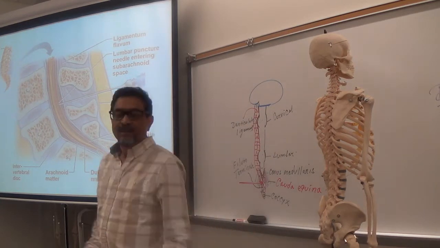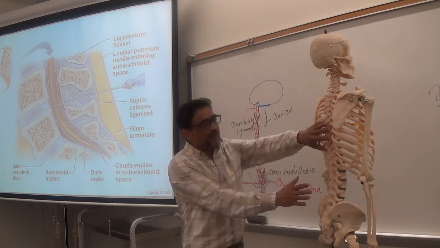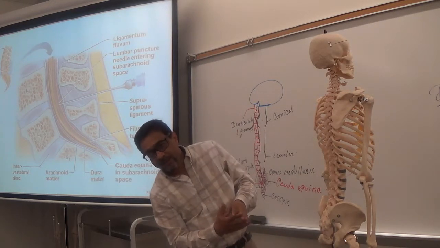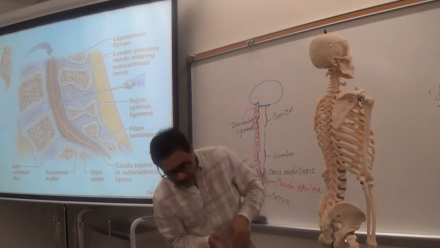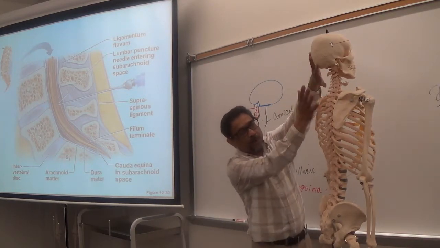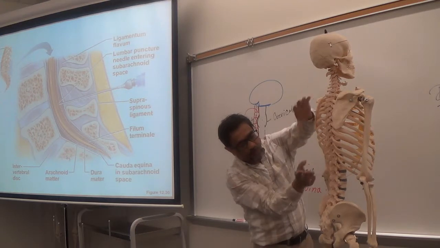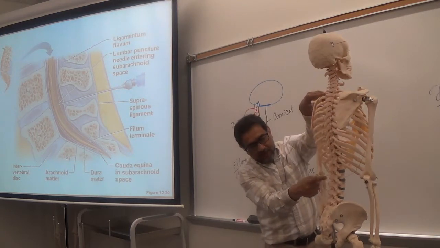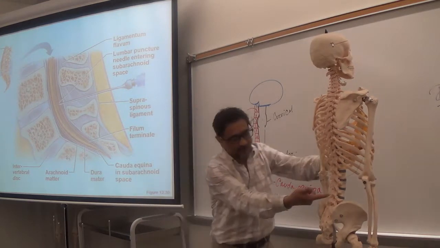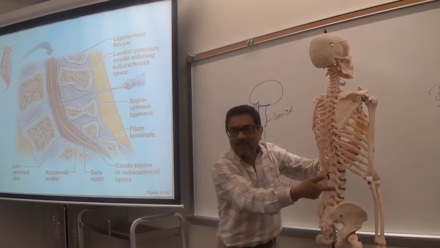The needle. What we do is, see here, we ask the patient to lie sideways and move the upper part forward like this. So what happens when you move the upper part of your body forward is that in between the spinous processes you have openings. You see here, you have pretty big openings, right?